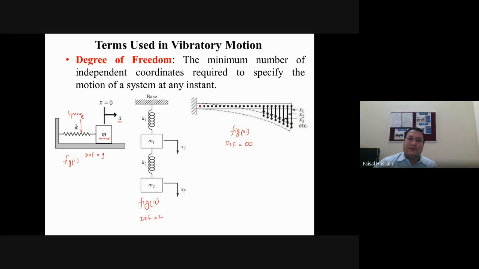For this mass there will be some degree of freedom, for this mass there will be some degree of freedom. So for a number of masses there will be a number of degrees of freedom and it may converge to an infinite number. So this is the concept related to degree of freedom. Generally you should concentrate on single degree of freedom and 2 degree of freedom.